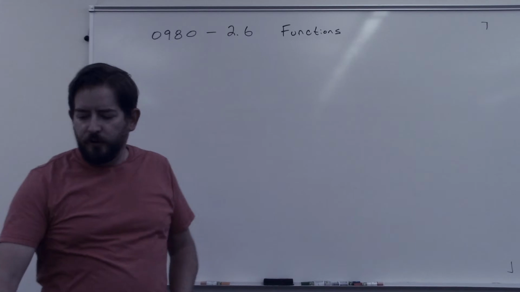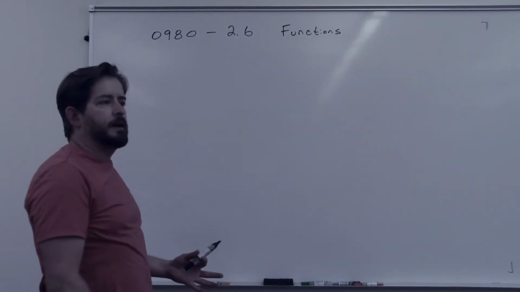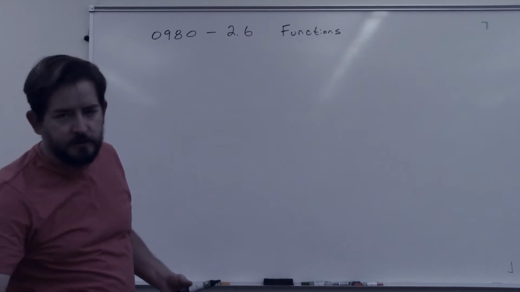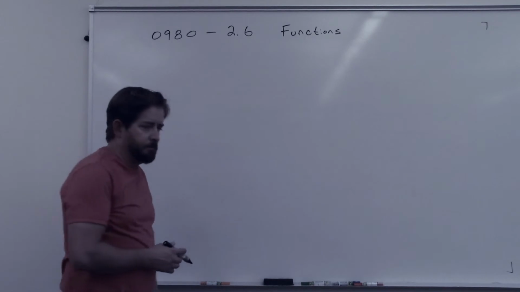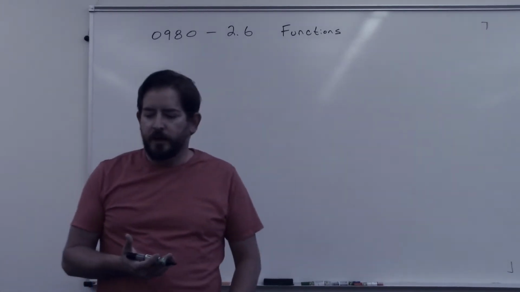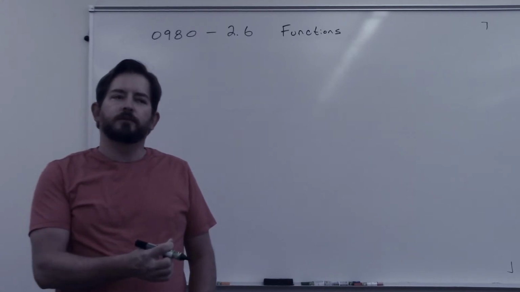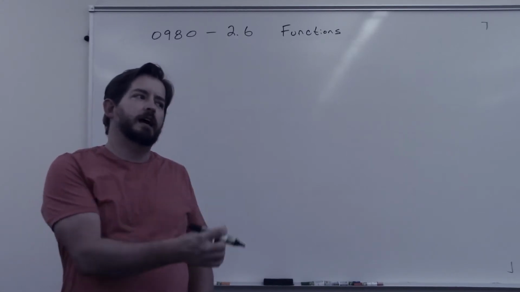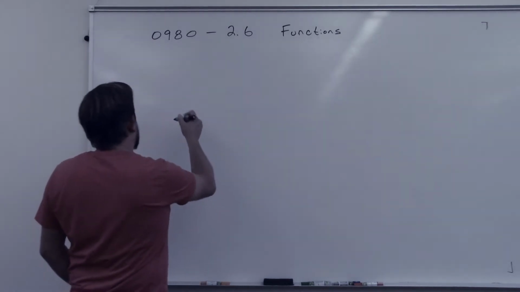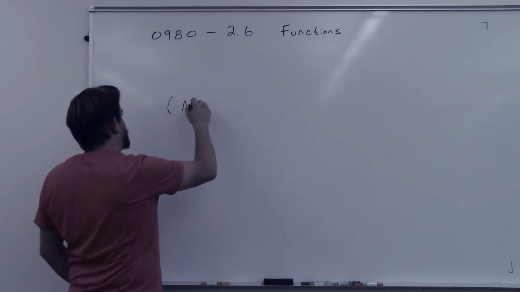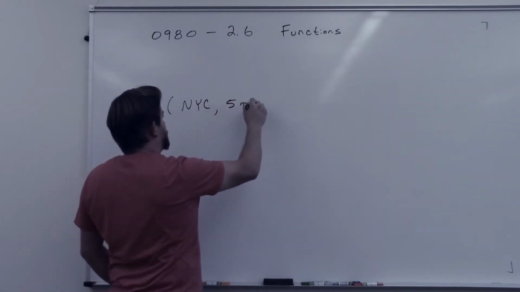But a function is a little bit stronger than a relation. A function is a relation where every input value is uniquely tied to an output value. For example, let's say we had New York City, with 5 million people.